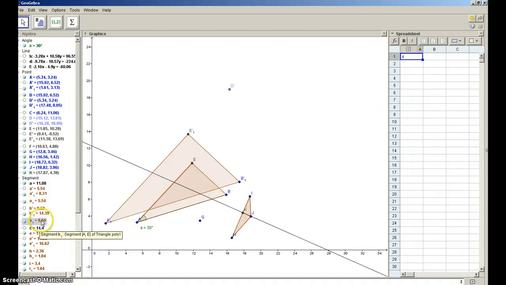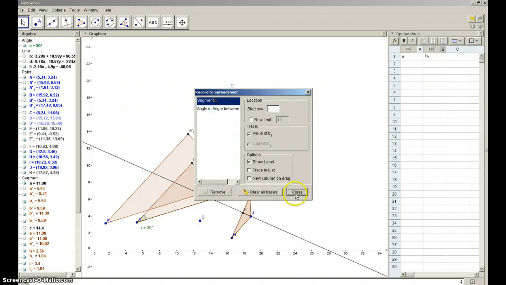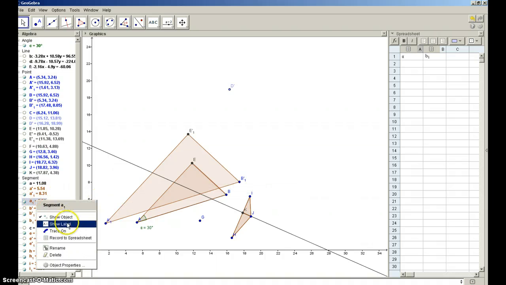Where is B? Not B prime, but B. Sorry. Yeah, BE, which is AE, a polygon 1. So B1, so let's find segment B1 right there. We're going to record that one in our spreadsheet as well. And let's get this segment over here, that's A1, and let's record that in our spreadsheet also.